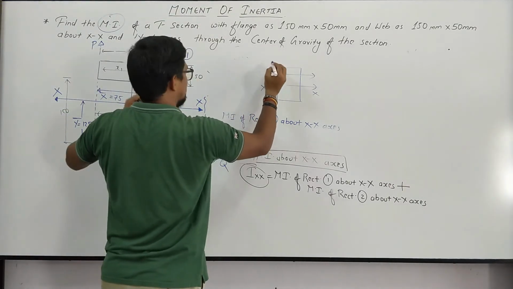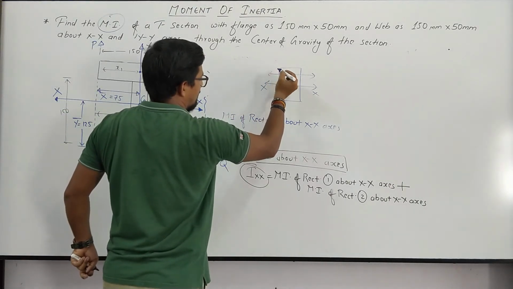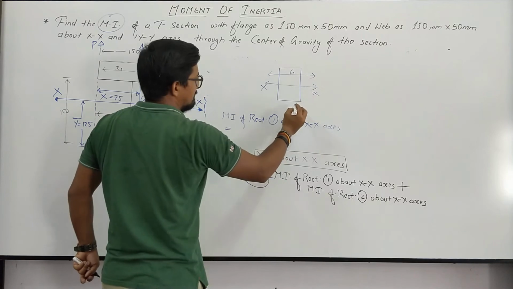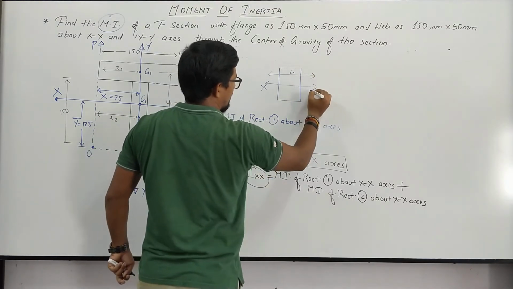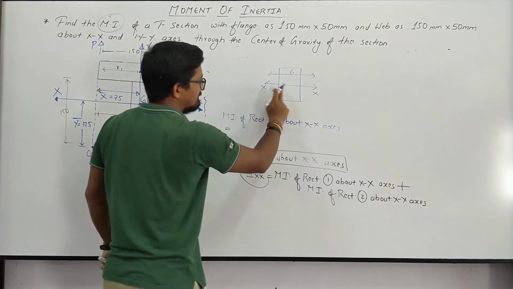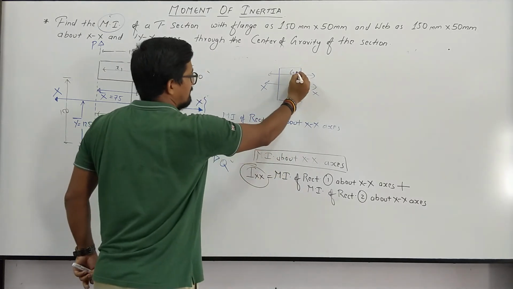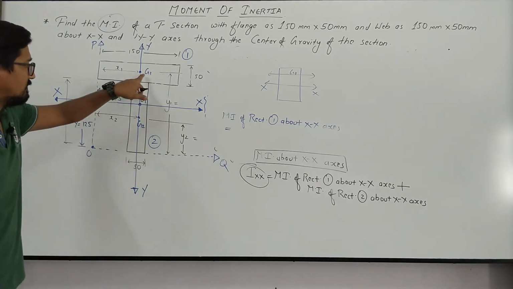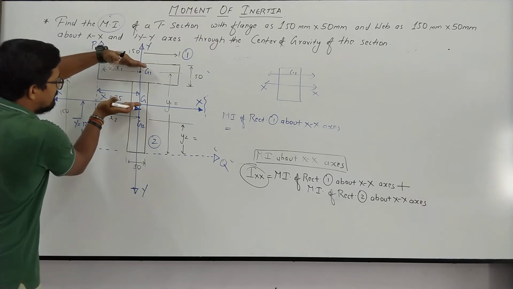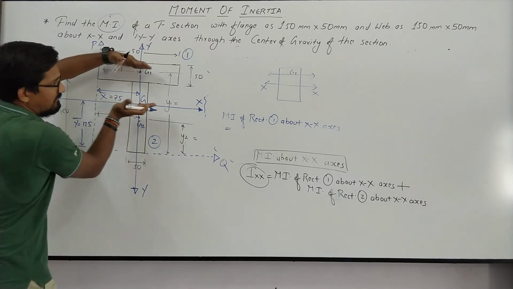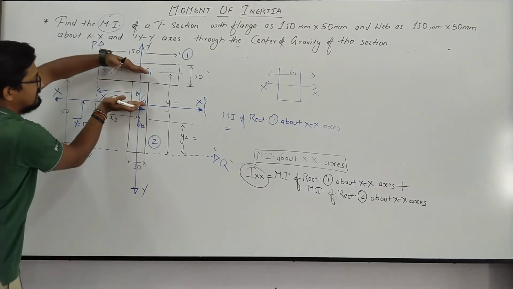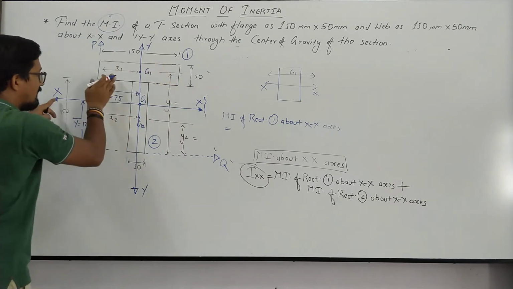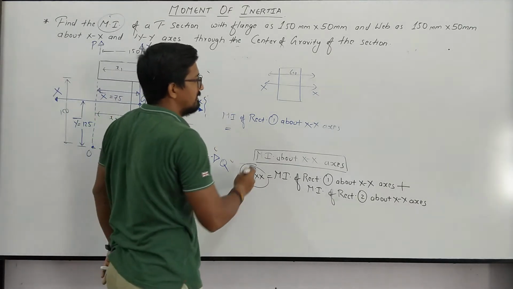I will call it IG1. This is IXX, the moment of inertia about XX axis, and this is the moment of inertia about G1, because I have pointed the center of gravity as G1. You can see these two axes I have drawn here, correct? The moment of inertia of rectangle 1 about XX axis, we have to use again parallel axis theorem.